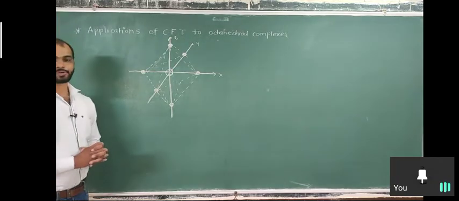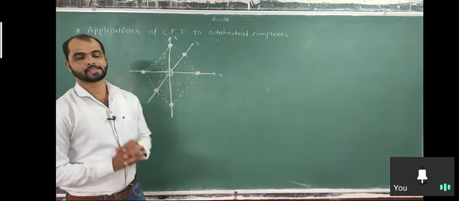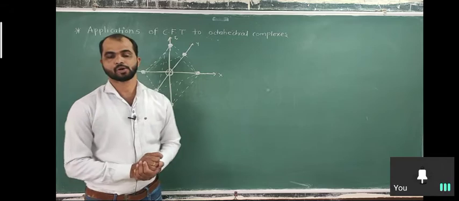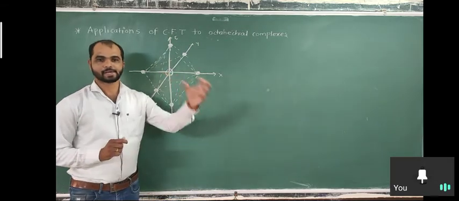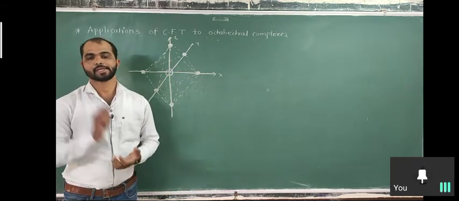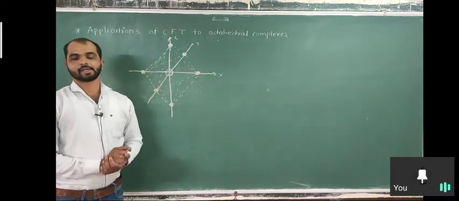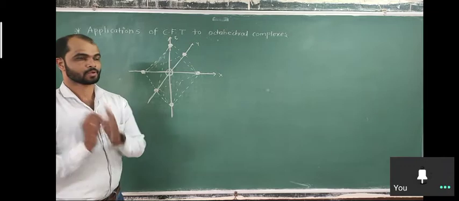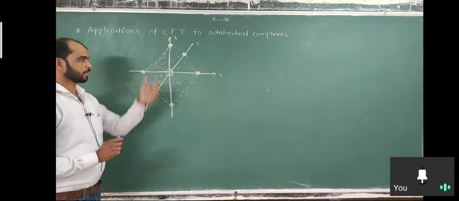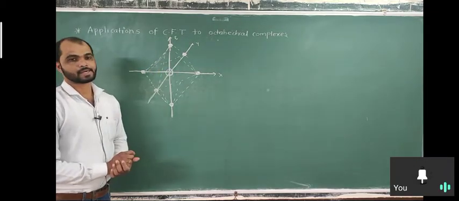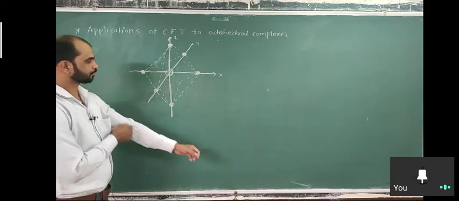I already told you the crystal field theory is totally based on interactions of ligand electrons with the metal electrons, and between metal and ligand there is an electrostatic force present, and that is why the bond between the metal and ligand is 100% ionic.